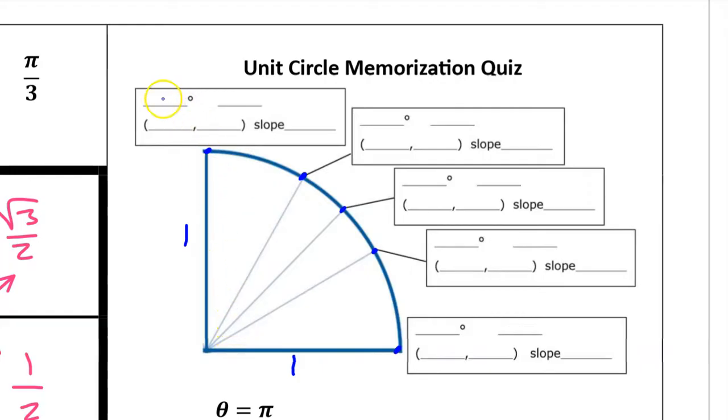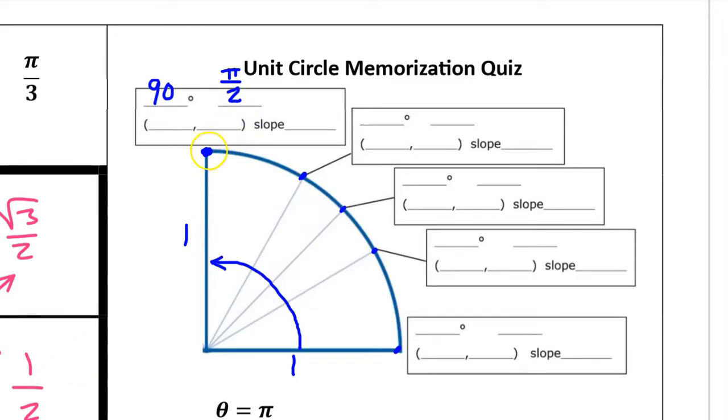And we need to record the degrees and the radians. So let's start with this angle right here at the very top. This is the angle that we used to call 90 degrees. We will not be saying that anymore. Instead of 90 degrees, we will now say that this is pi over 2 radians.